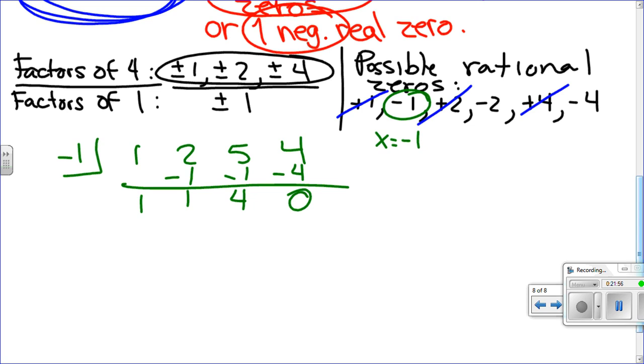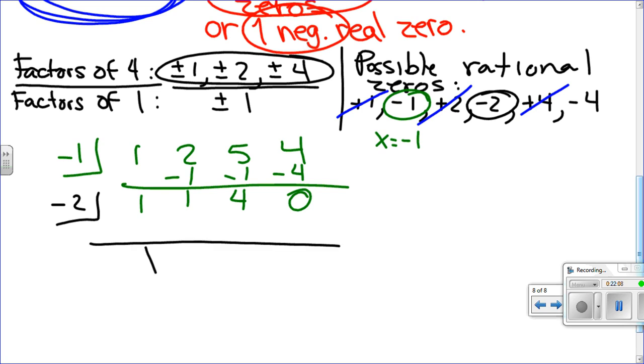Now, remember, you don't have to go back to the original coefficients. You just can keep going here once you have found 1 zero. So I can use negative 2. And that will be 1, negative 2, negative 1, positive 2, 8, and then negative 16. So that's not going to work. That is not a 0.